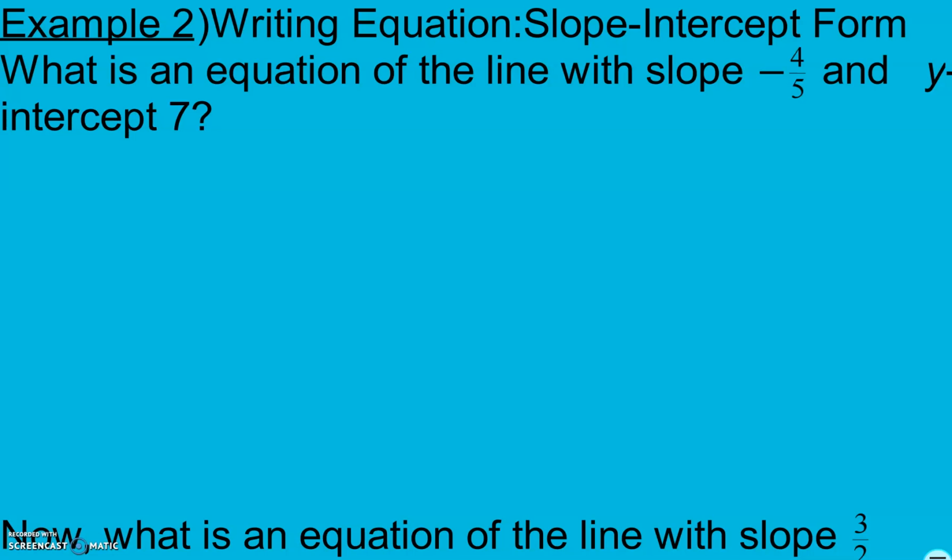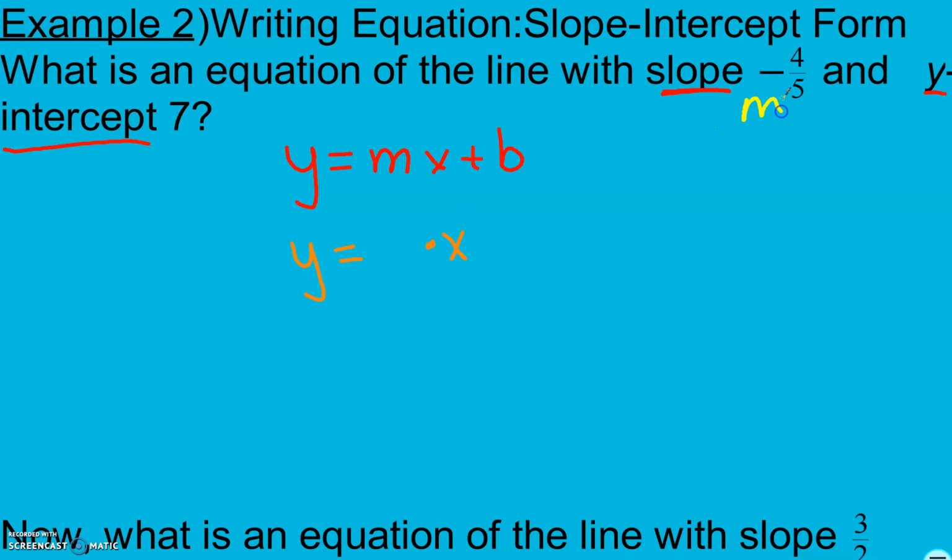So it says, what is an equation of the line with slope -4/5 and y-intercept 7? Well, since we have a slope and a y-intercept, I'm going to go right into slope-intercept form. Y equals mx plus b. My framework here, the part that stays the same every time, is y equals slope times x plus b. So I fill in my values.